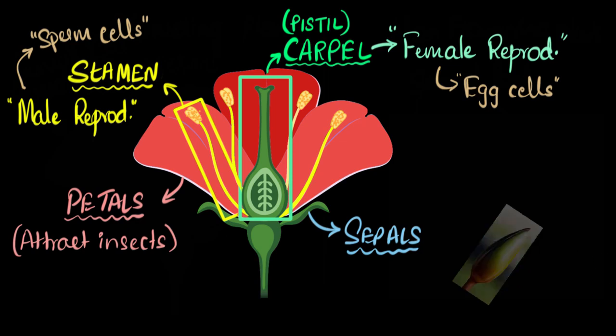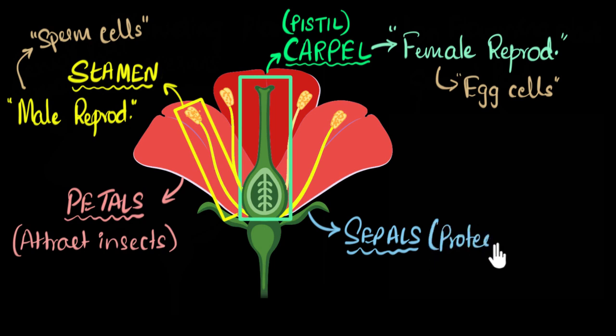So the main job of the sepal was to protect the young flower, I would say, the young bud. Of course, now that the flower has blossomed, its job is done, but nevertheless, it did play an important role in its life.